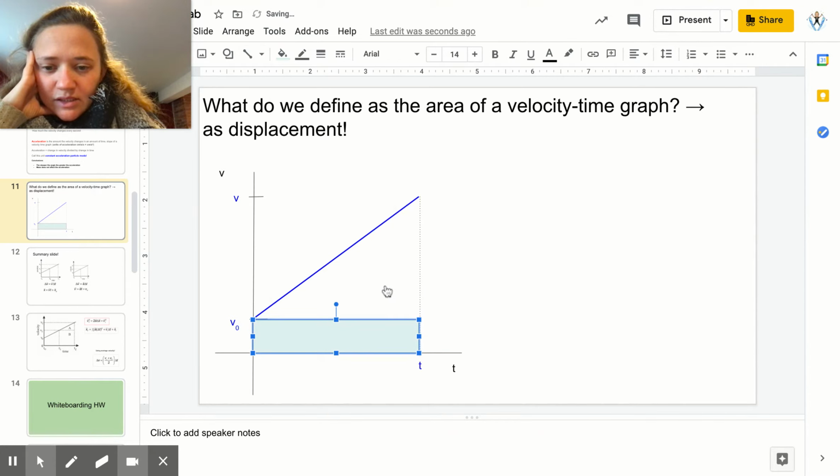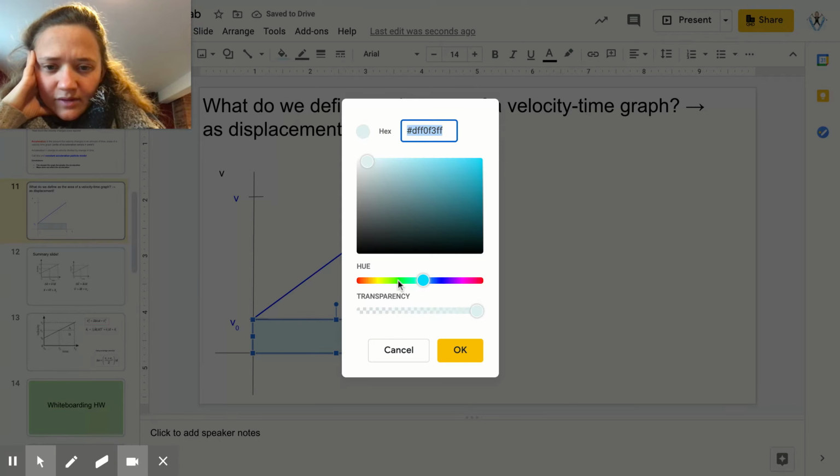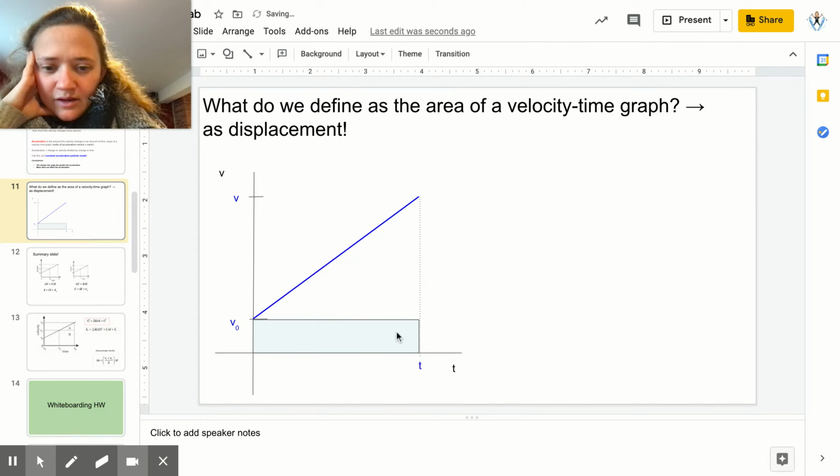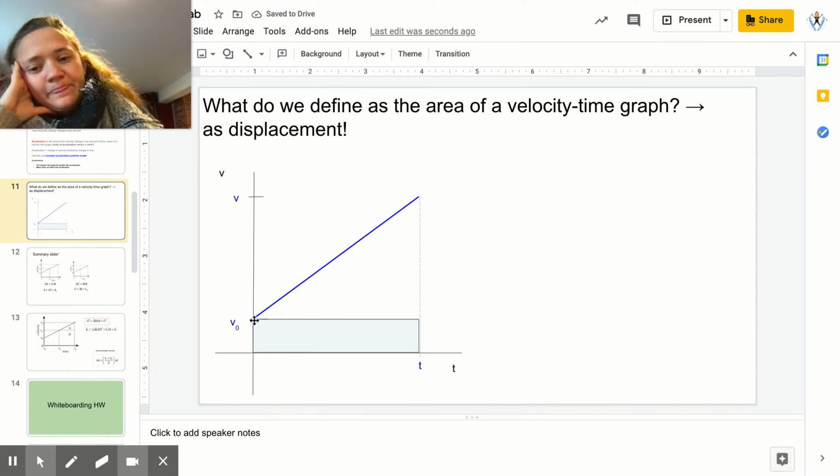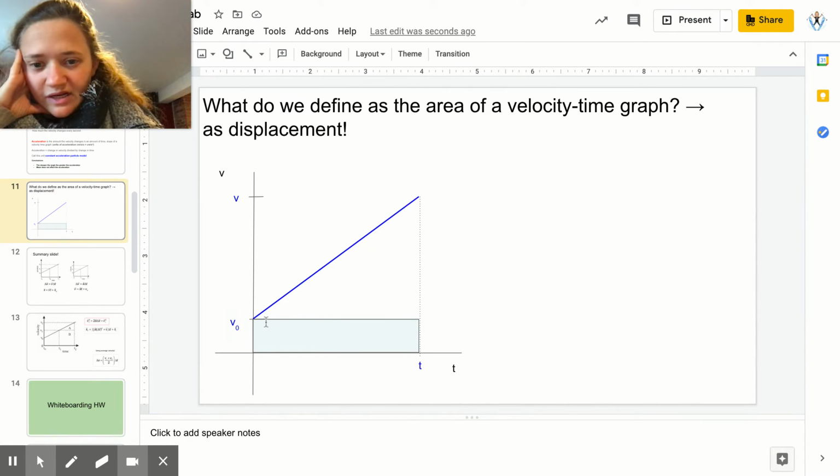So we've got this rectangular shape that fills in this blank space below our initial velocity.